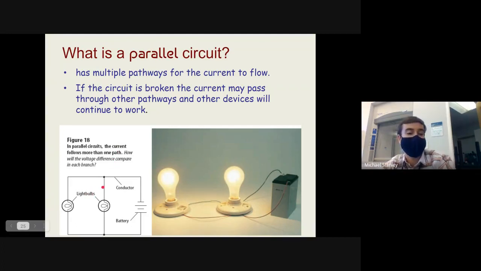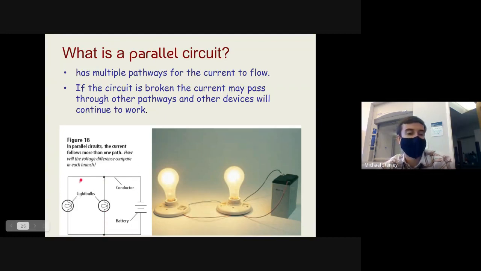So in this case, if you had a break in the circuit right here, like this wire got cut or this light bulb got burned out, electricity would still flow, your current would still flow, because it could still go through this top circuit up here.